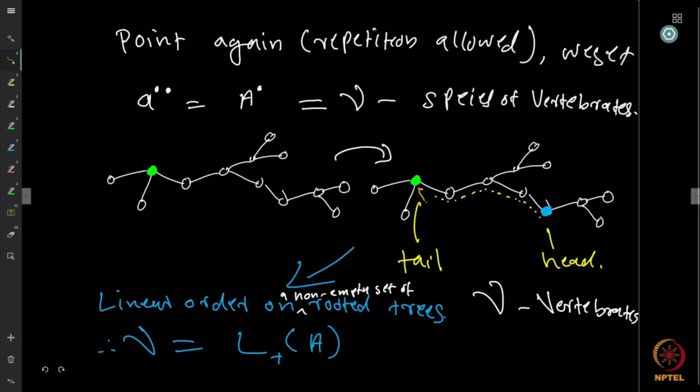Now this unique path says what? It says that I start from the tail, then go in a fixed direction, going to the head, which means it is basically a linear order on the vertices along the path.